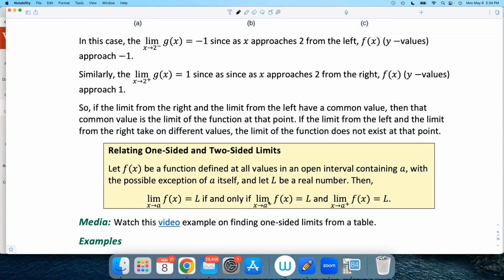I'm going to repeat that. The limit of f of x as x approaches a equals L, if and only if both one-sided limits exist, they both approach a number, and it's the same number from both sides.